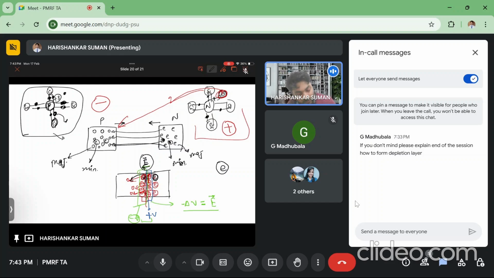What is the motion of a charge inside an electric field? Let's say the direction of the electric field is this side.